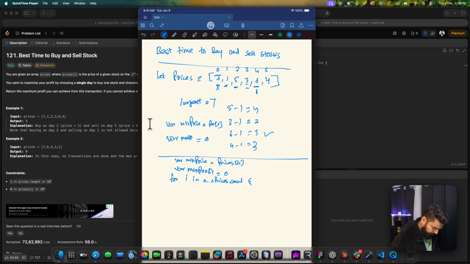So in the loop here, if prices i minus min price is greater than max profit.